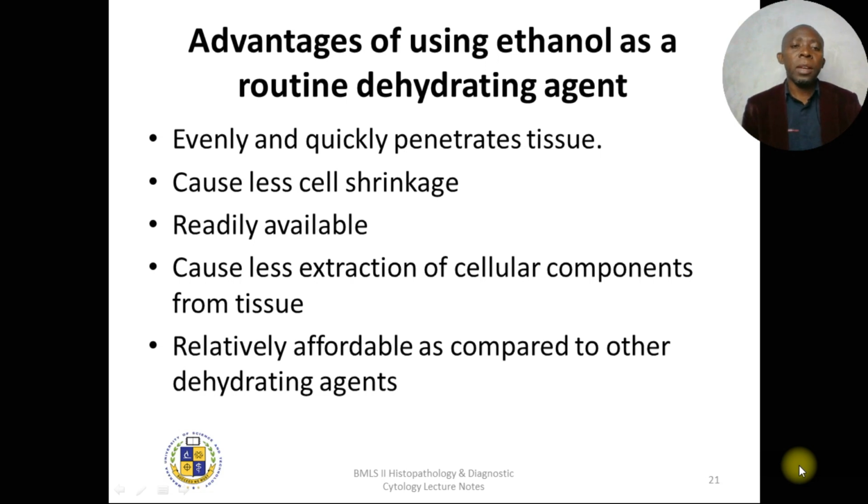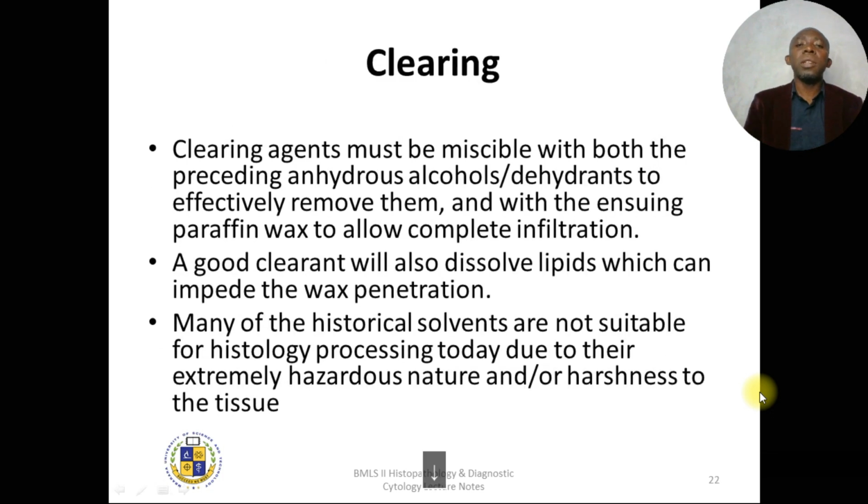And lastly, it is relatively affordable as compared to the other dehydrating agents. So this is also very key for continuity and affordability. This means that even our costs in the different laboratories for tests will be cheap, and this is good even for the patients who are receiving the services.